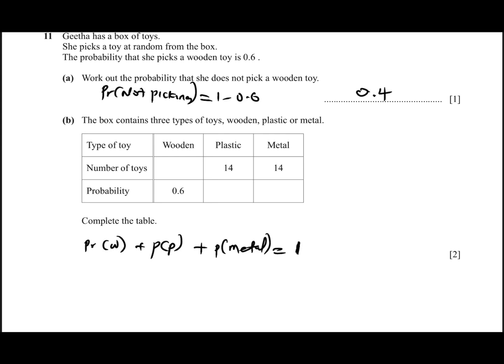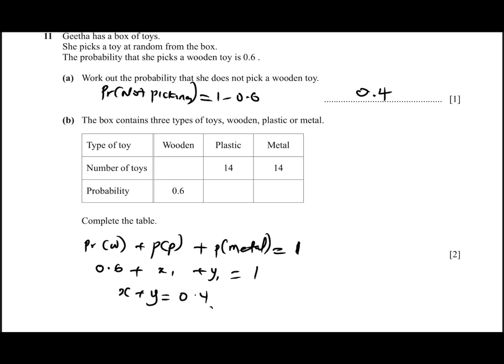So if this one is going to be 0.6, let me just say this is 0.6, x plus y, everything equals to 1. So that means the sum of these ones is going to be what? 0.4, x plus y equals to 0.4. That's the first one.